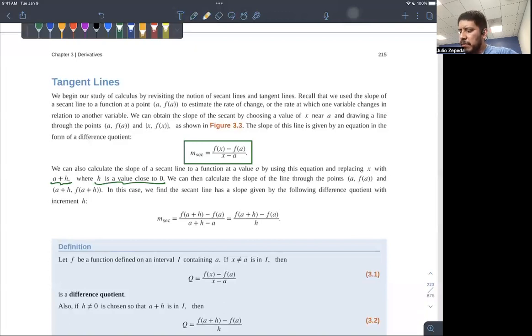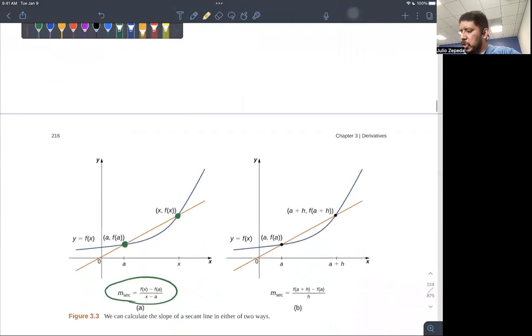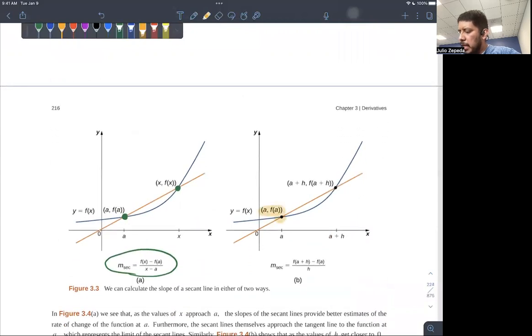In this case, we find that the secant line has a slope given by the following difference quotient with increment h. So the slope of the secant line is found, again, through these 2 points, (a, f(a)). And then instead of using x, a different notation is to use, instead of a as our x value, what's a value that's close to a? Well, that would be a plus h.